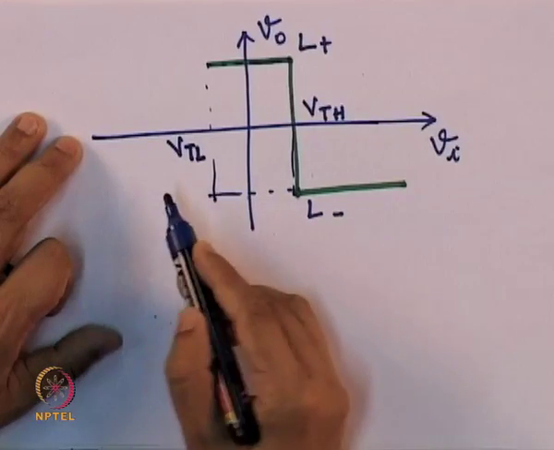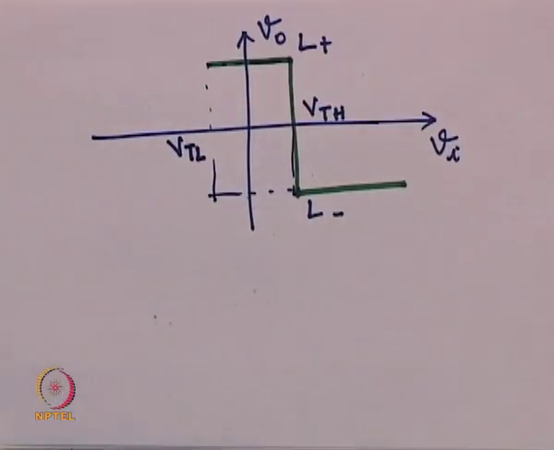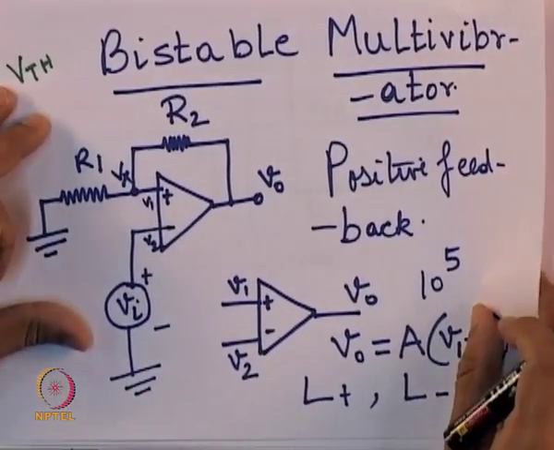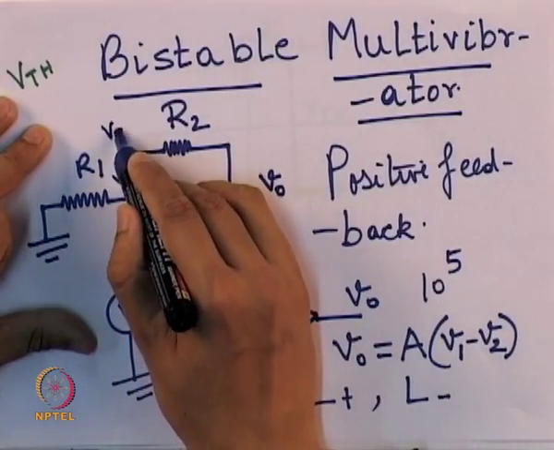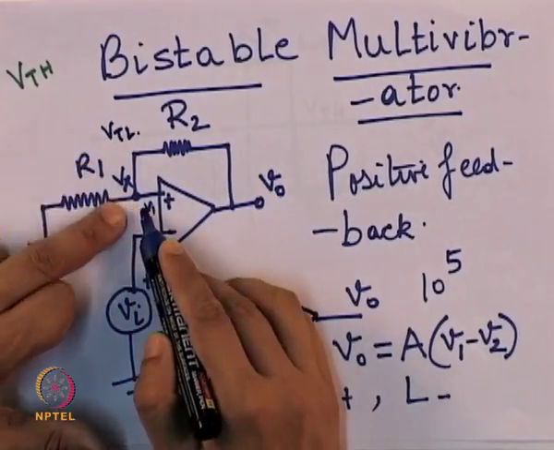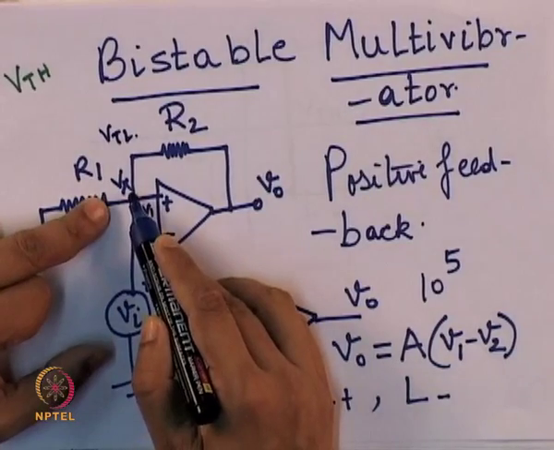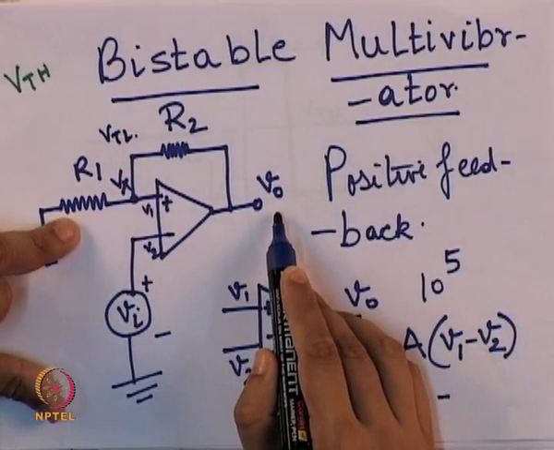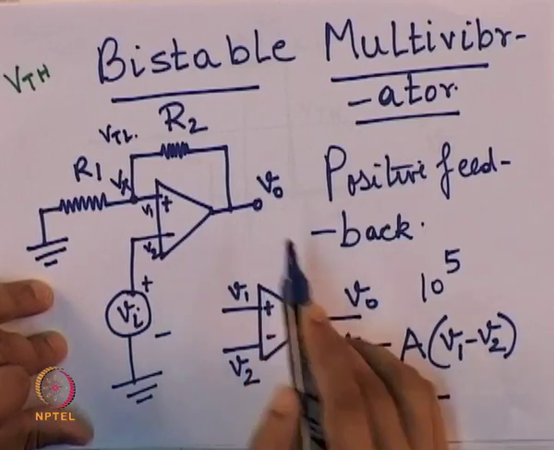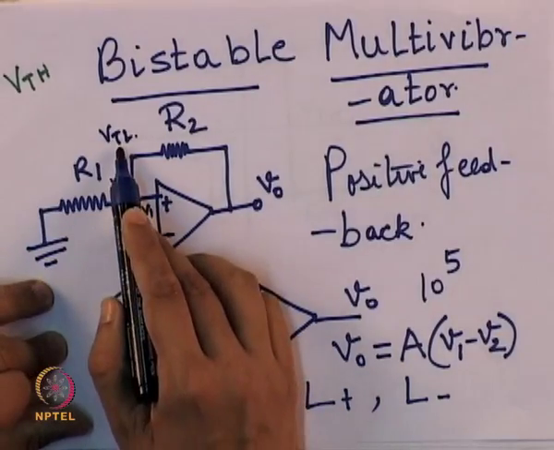If Vi goes below VTL, then there will again be a transition. Let us go to the circuit. So, Vx is at the lower threshold voltage VTL, usually that is a negative voltage. Now, till the time Vi is more positive than VTL, V1 minus V2 will continue to be negative, and V0 will continue to be at its lower level L minus, and Vx will also continue to be at VTL.